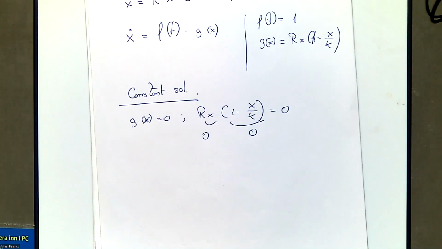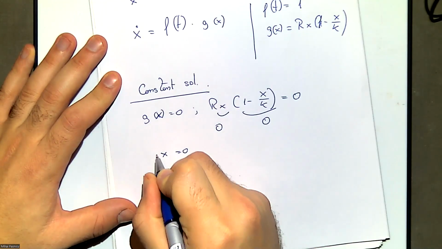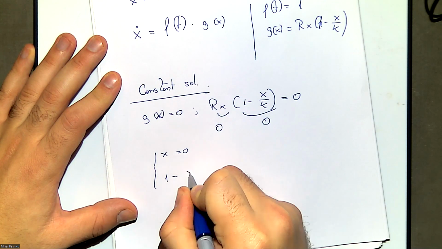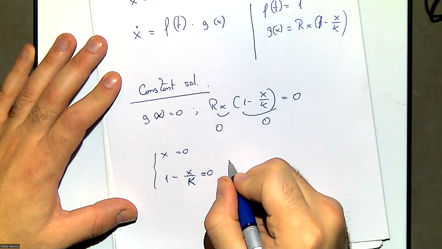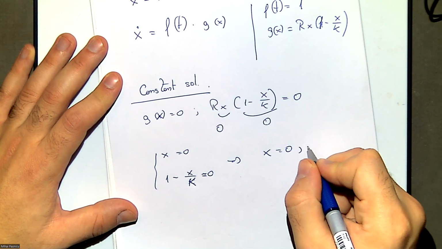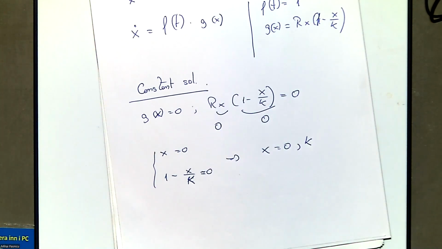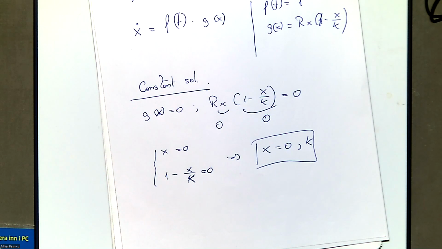So I either have x is equal to 0 or 1 minus x over k is equal to 0. So I have two solutions, x is equal to 0 and x is equal to k. Everyone following what I'm doing? Basically, check the constant solution, check g of x.